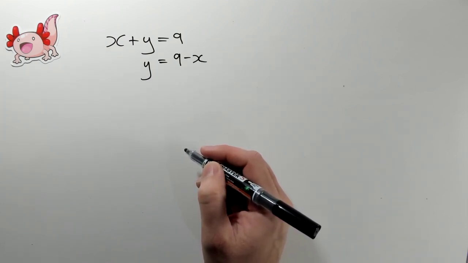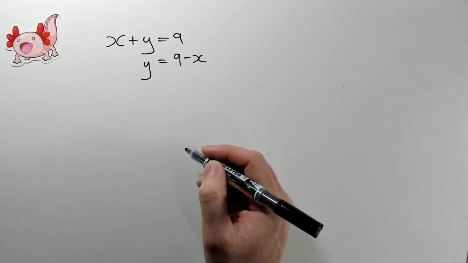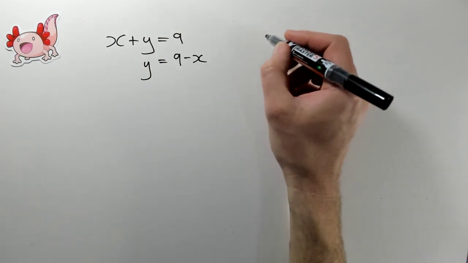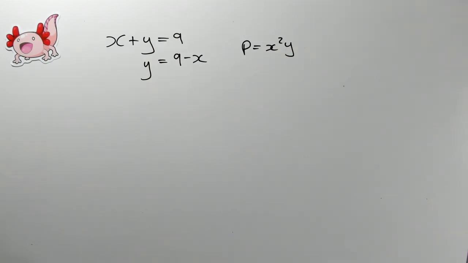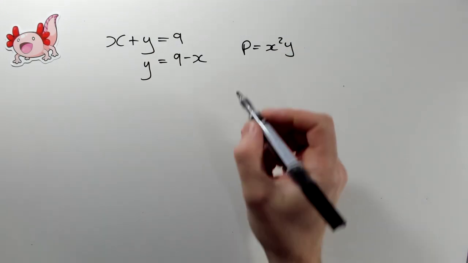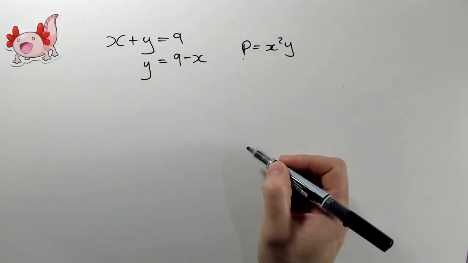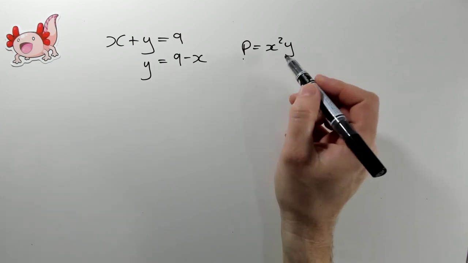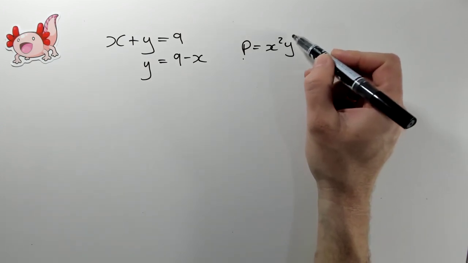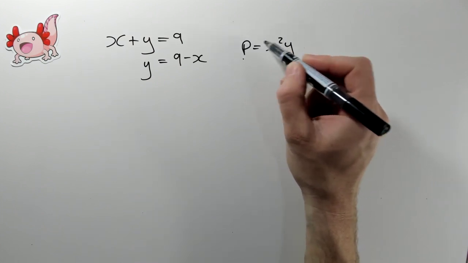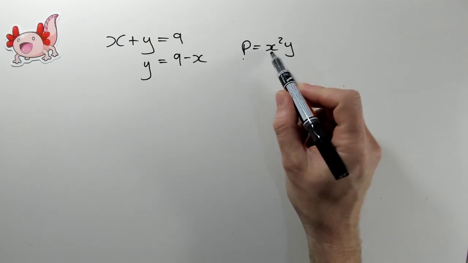Then they say, given that p equals x squared y, write down an expression for p in terms of x. Basically, I need one input value to get the value of p, but in this case I have two inputs, x and y.